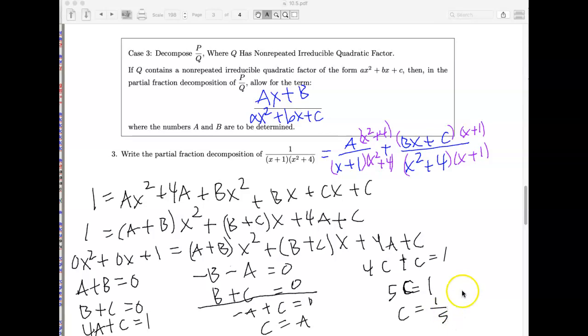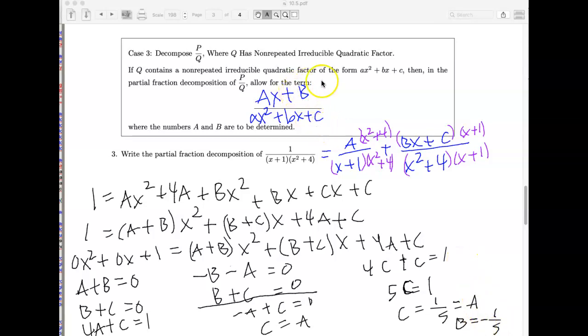That means A is 1/5. And B, if A + B is 0, then A equals -B, so B is -1/5.